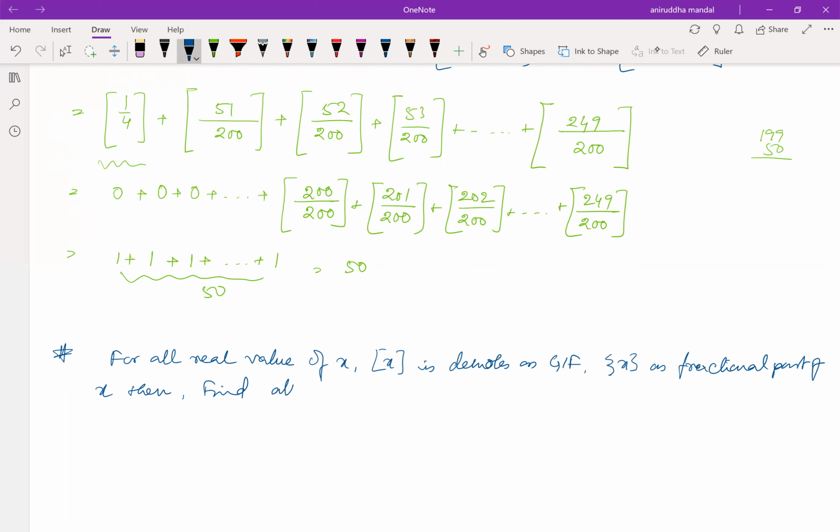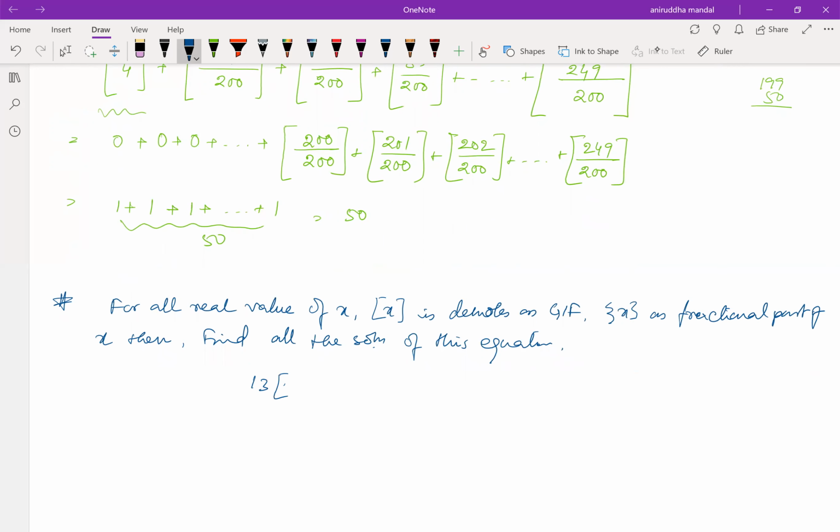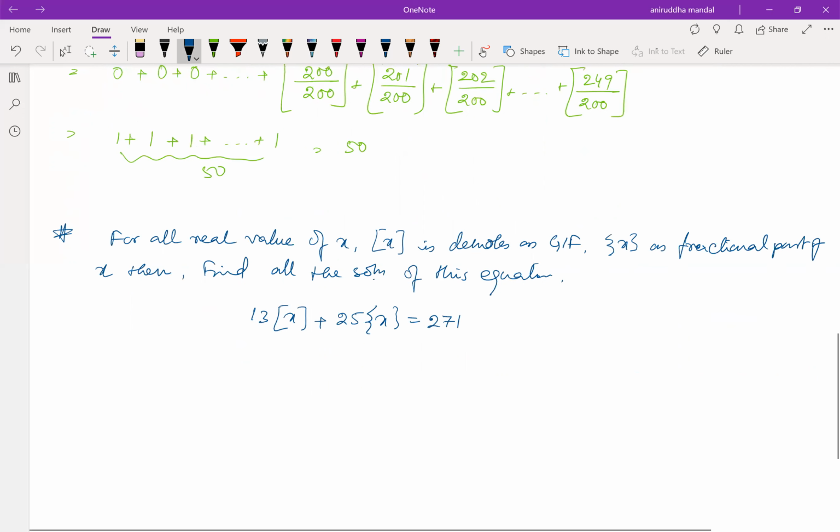Then find all the solutions of this equation: 13 box x plus 25 fractional part of x equals 271.